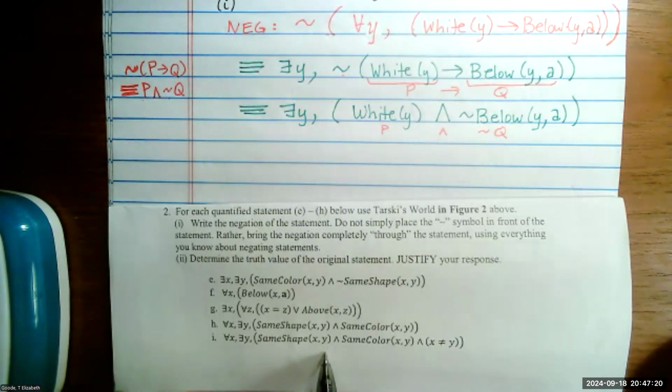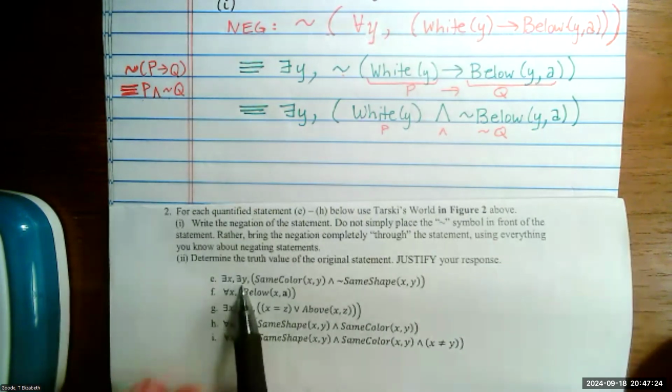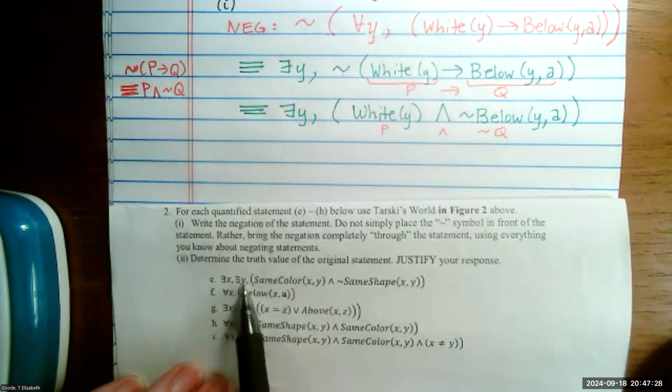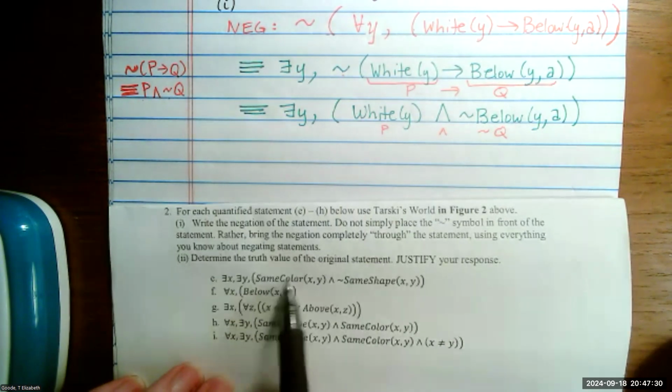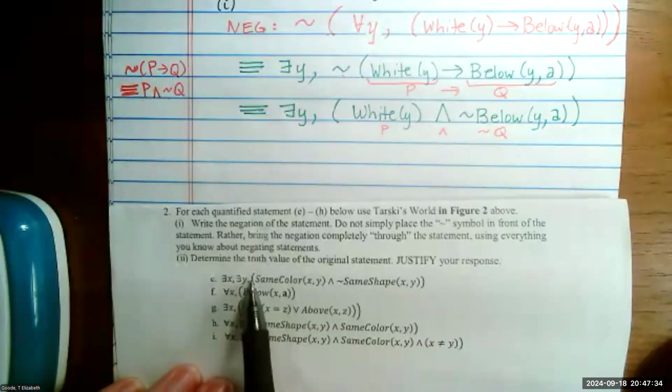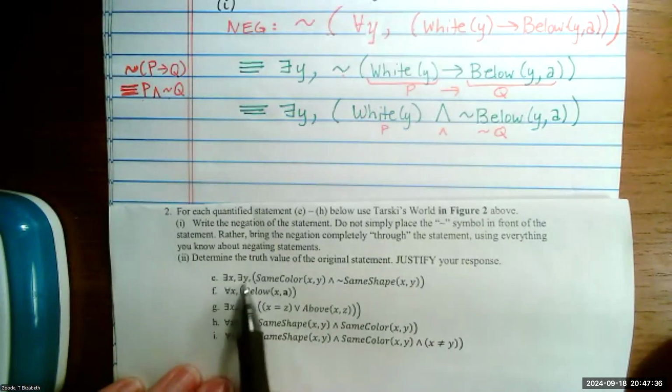Does that help? Yeah. Like here, there exists an x, there exists a y such that same color xy and not same shape xy. So we use the phrase such that after this last exists.